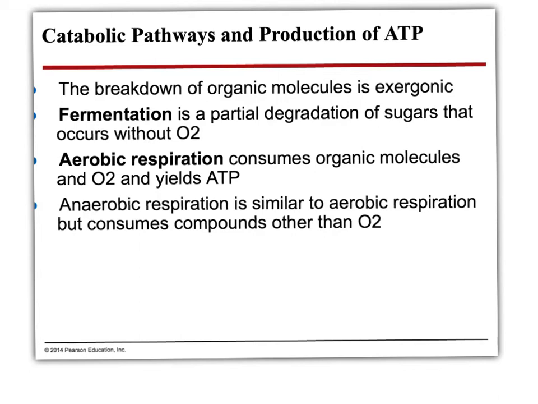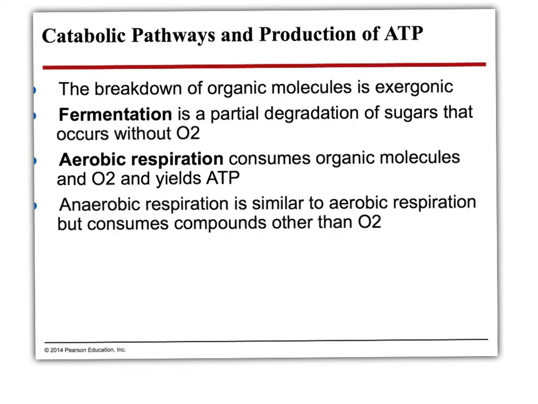There's a type of anaerobic respiration which is similar to aerobic respiration, but does not depend upon oxygen. Instead, there is another electron acceptor at the end. All right, some bacteria do anaerobic respiration, breaking down glucose not in the presence of oxygen, but maybe in the presence of sulfur, and dump the electron on sulfur at the end.